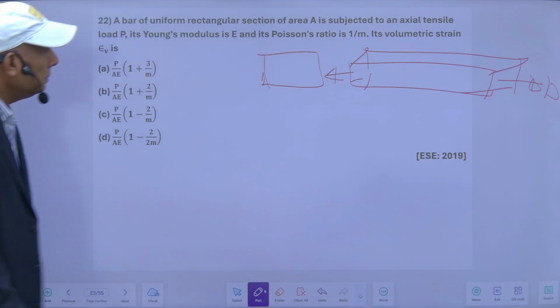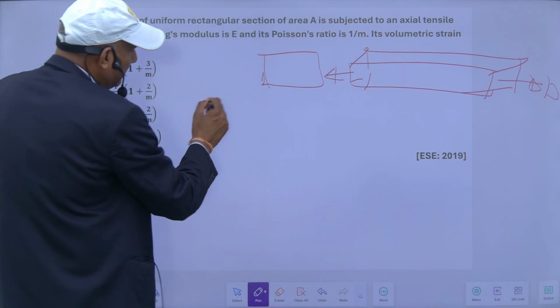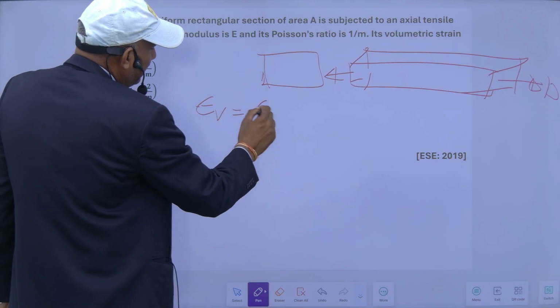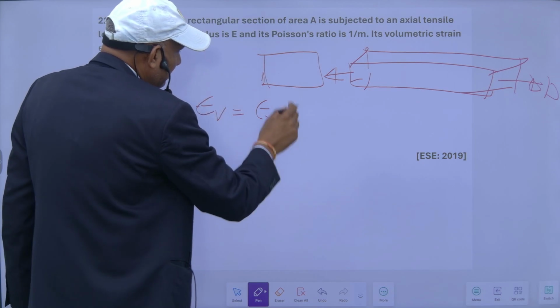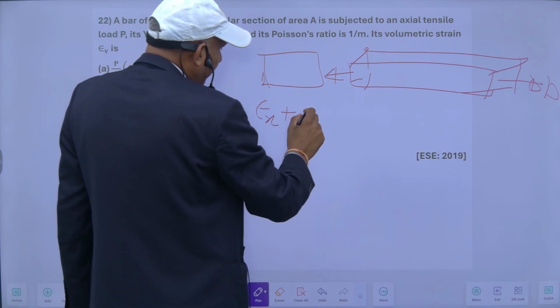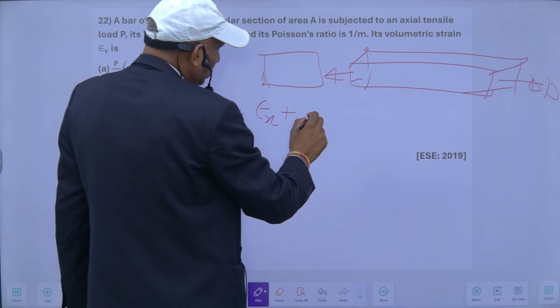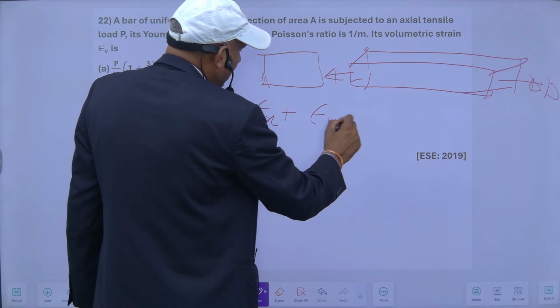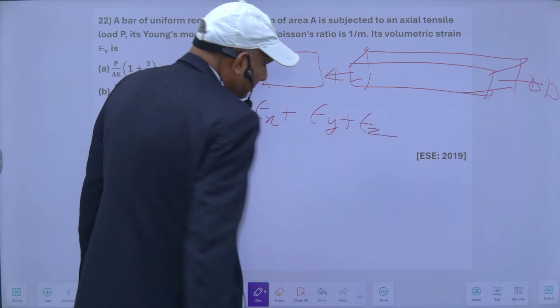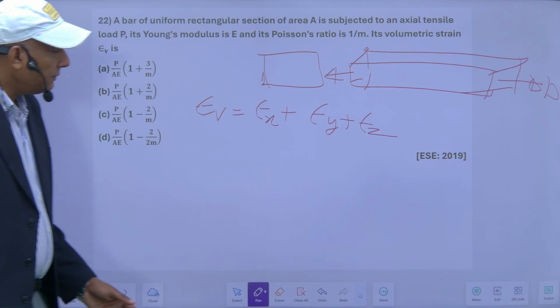So volumetric strain, as we know, this is equal to epsilon x plus epsilon y plus epsilon z. So this is the formula.